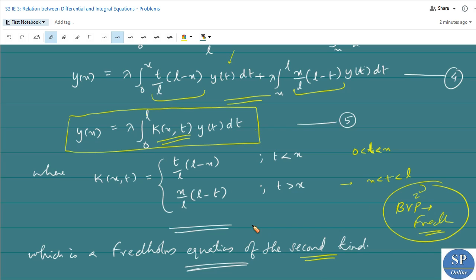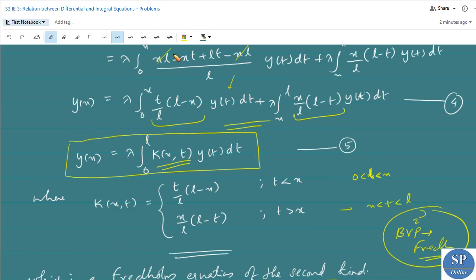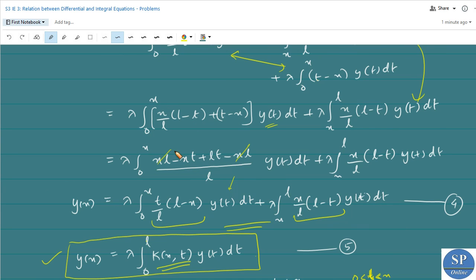Now conversely, a Fredholm integral equation of the second kind can be converted into a boundary value problem of second order. This can be illustrated by using this same example. We can take this as the Fredholm integral equation of the second kind, and we can show that the corresponding boundary value problem is the given differential equation.